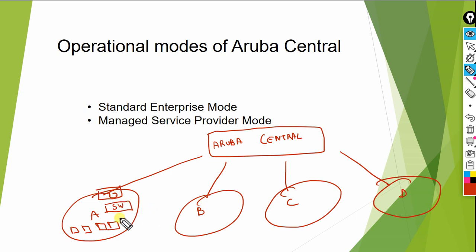So this belongs only to company A, and then again, you can have a different set of Aruba devices for B, C, and D. What happens is that the users for these respective companies have access to provision the devices which are part of their branch, and they can also manage the subscriptions for their accounts. So this is fully related to the standard enterprise customer portal.